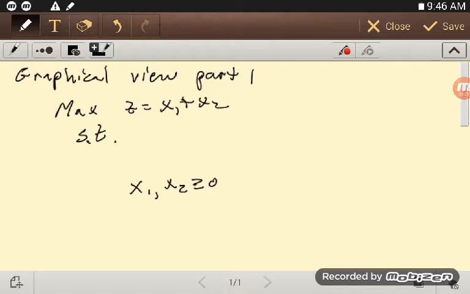Let's see, what do I want to do? Maybe something like 2x1 plus x2 has to be less than or equal to 4. And let's switch it up and do x1 plus 2x2 has to be less than or equal to 4.